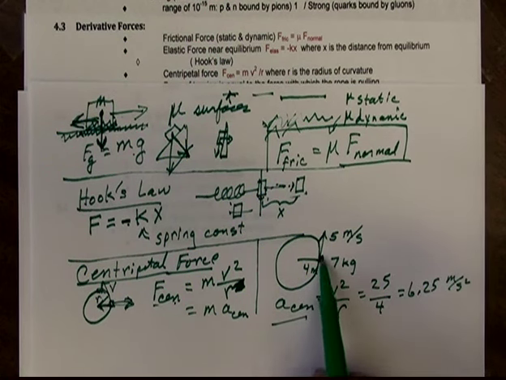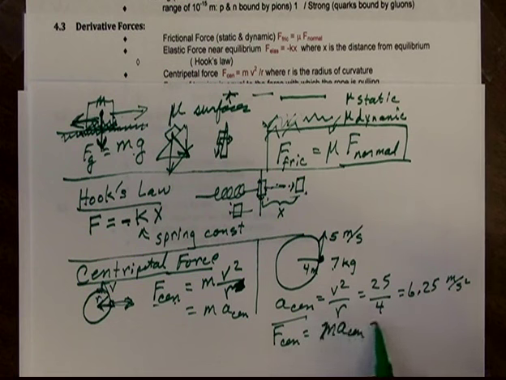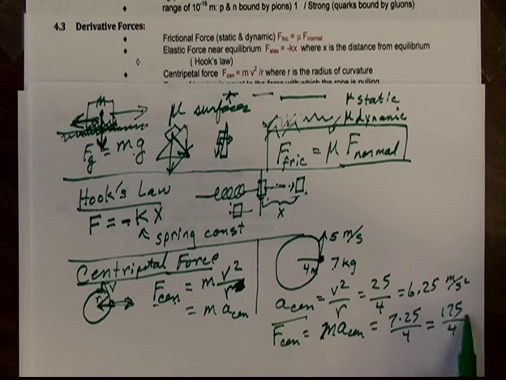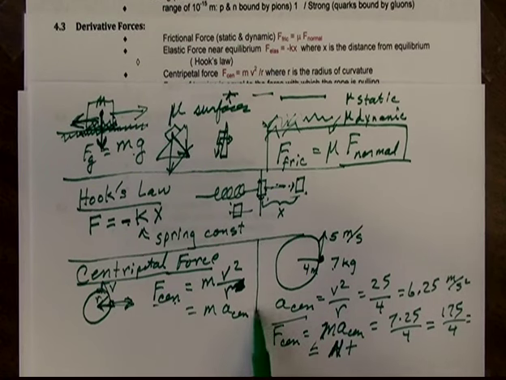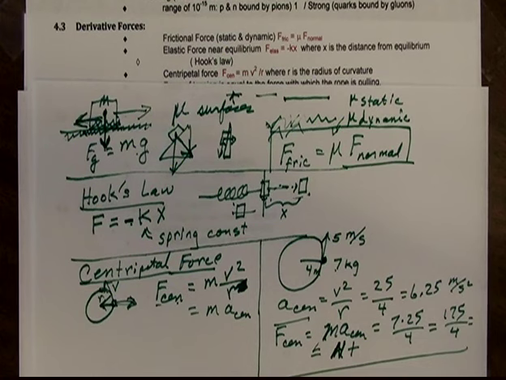Now, if that centripetal acceleration is exerted on a mass of 7 kilograms, then our centripetal force is going to be 7 times as great, or 7 times the centripetal acceleration. So it'd be 7 times 25 divided by 4, and that would be 175 divided by 4. And you can work that out, and that will give us our force in newtons that would be experienced by that mass going around that circle.